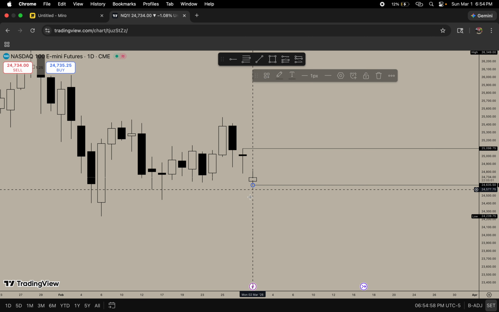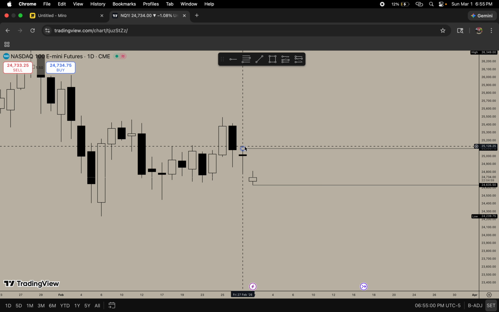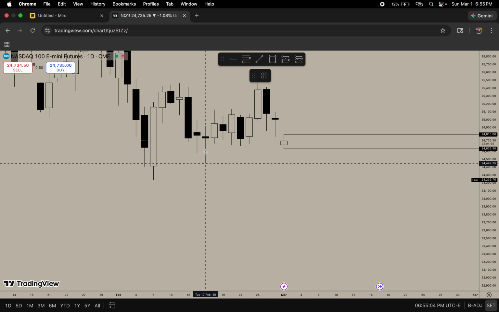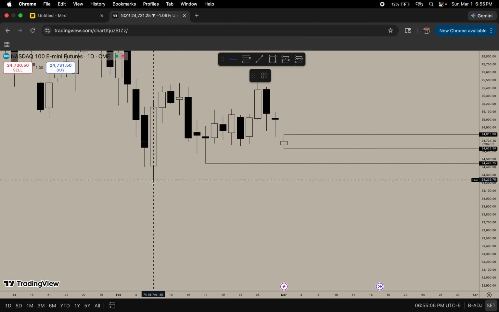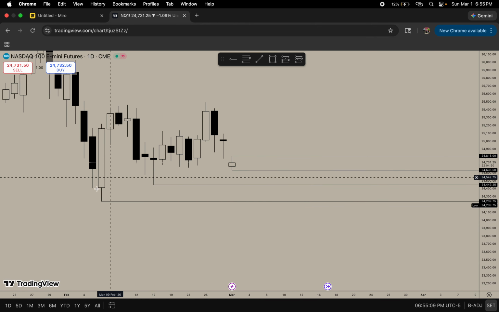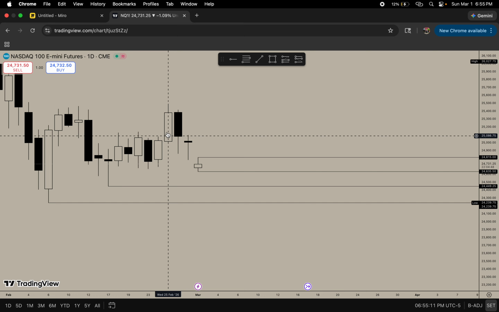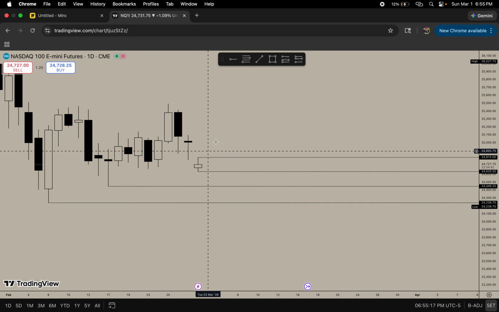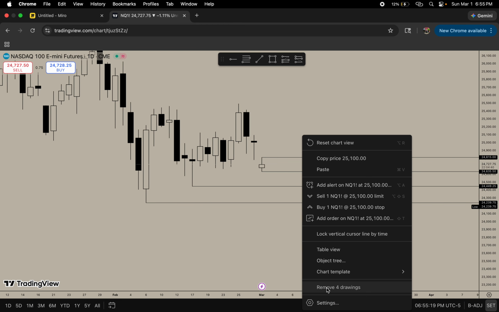I'm expecting price to push down here and continue down. These are the most obvious shows of liquidity. We have stacked lows. We took out this low, we took out this low, and we closed lower than the opening. It's very simple. There's not much to it.